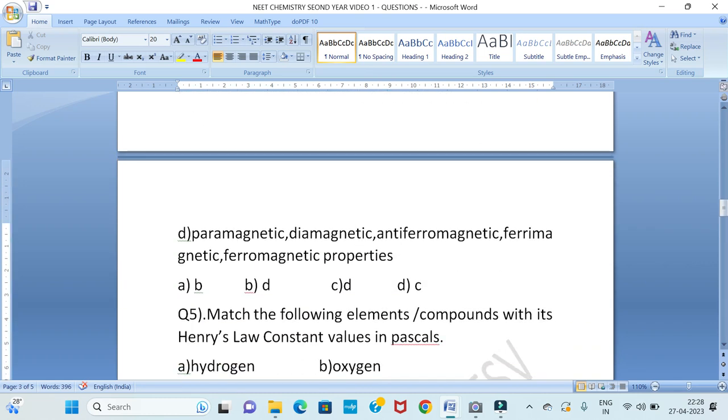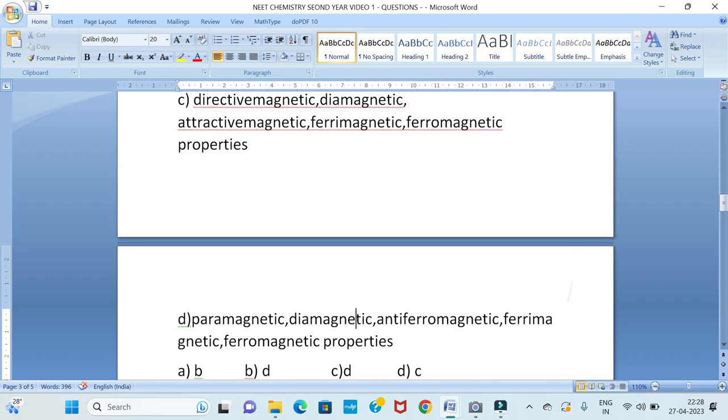Next, paramagnetic, diamagnetic, antiferromagnetic, ferrimagnetic, ferromagnetic properties. So, which option is correct?